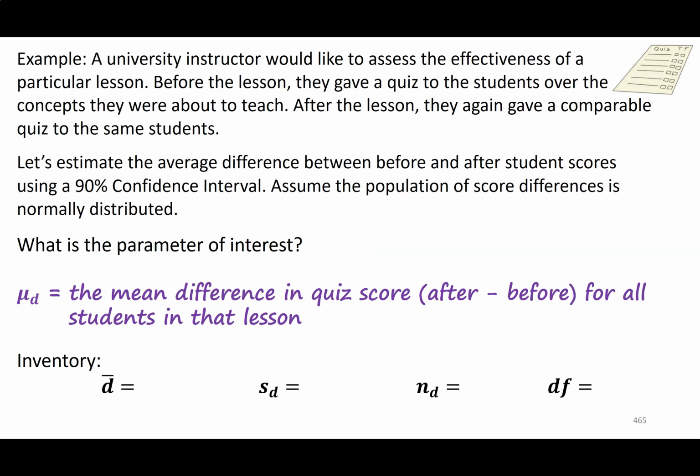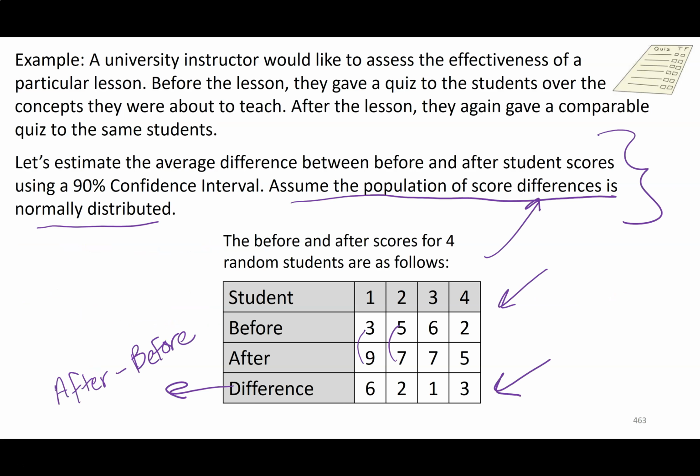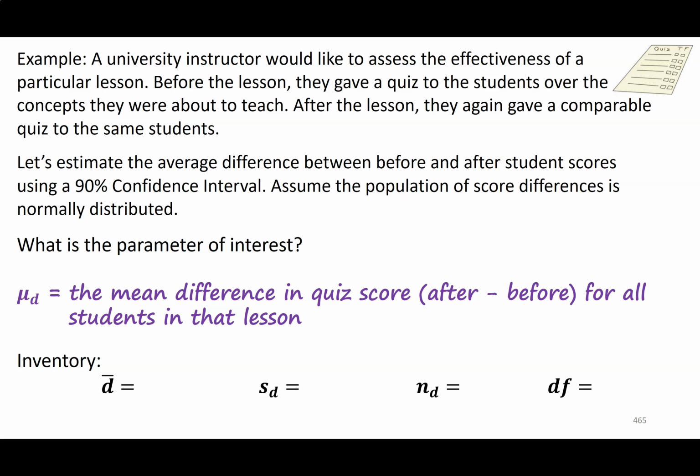So just to look back, 6, 2, 1, 3. These are my differences, right? We can take these 4 and find the average, and that'll be d bar, the average change in score from that sample. You should get something like a 3.